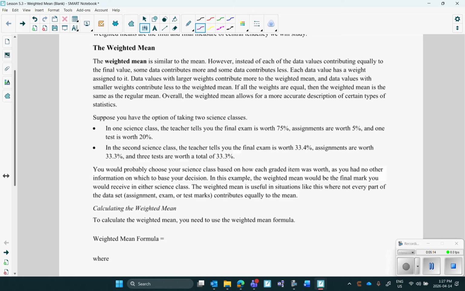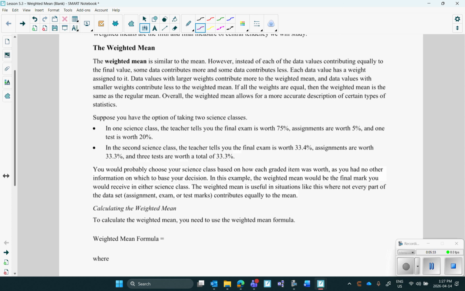In the second science class, the final exam is only worth 33.4%, the assignments, we don't know how many there are, are worth 33.3%, and 3 tests are worth 33.3%. Which course would you rather take?